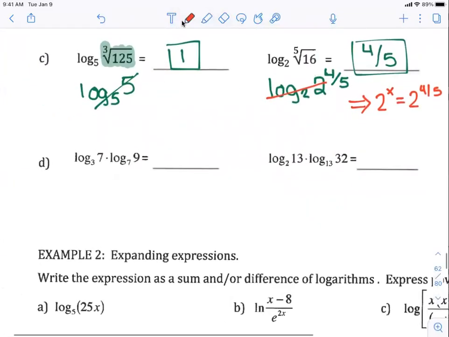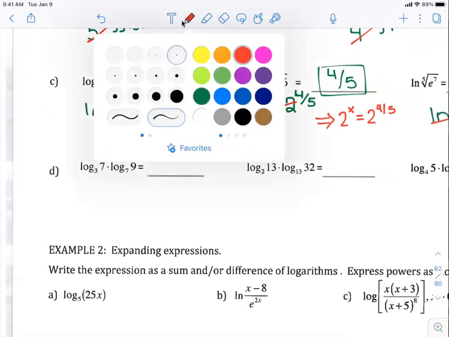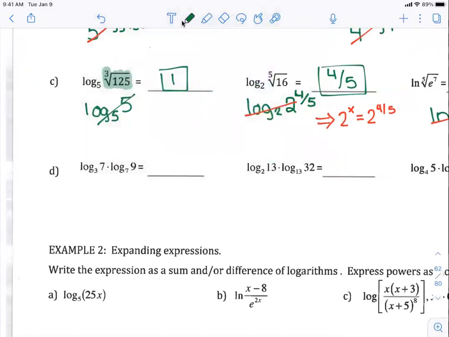All right, this next one, we want to go ahead and simplify. So I'm starting to notice what operations. First of all, they are not the same base. Very, very important that you notice this is log base 3 and this is log base 7. Totally different. So I am going to use my rule from the change of base formula that we've talked about.